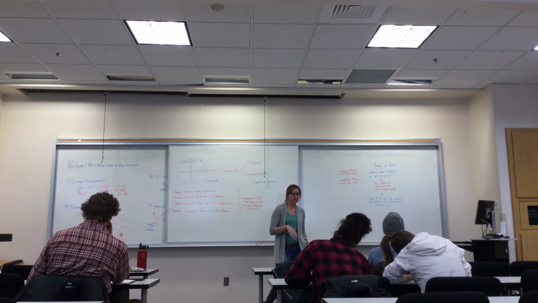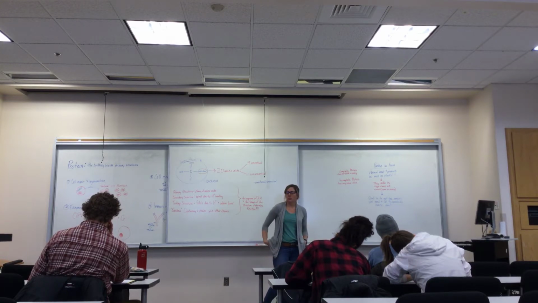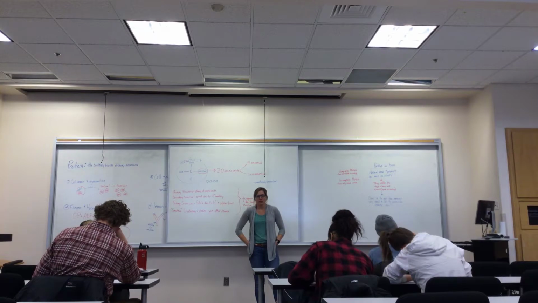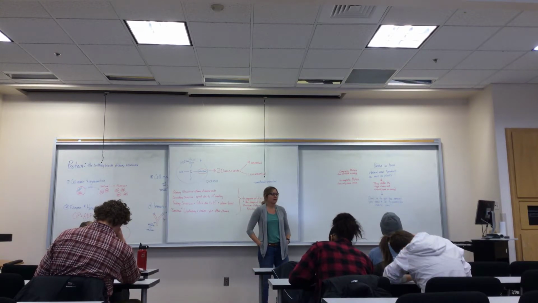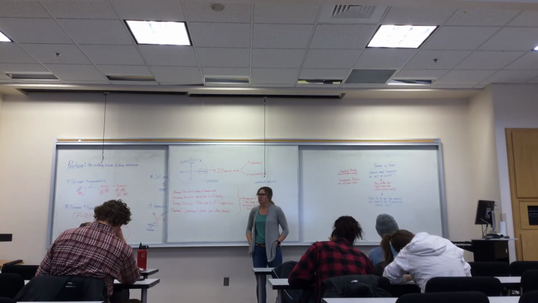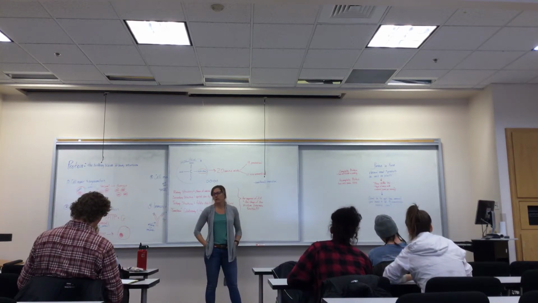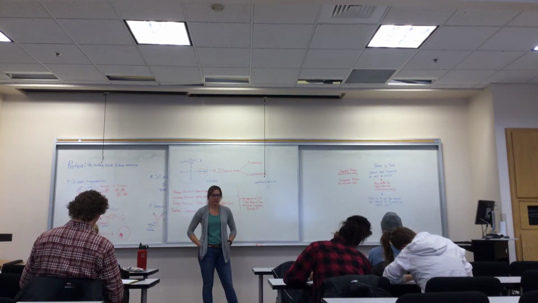Some will be more, some will be less. And then also, which of those amino acids does it actually contain? So some proteins will have a ton of amino acids, some proteins will have just a couple, and then every variation in between.